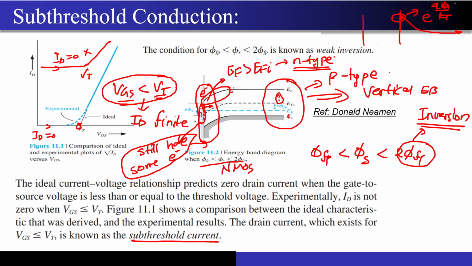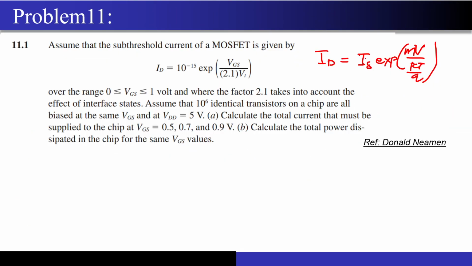The more voltage I apply in the forward bias manner, the more minority carriers I will get at the edge of the depletion region. So by using this analogy, you can say that for VGS less than VT, it is exponential. The moment you cross VGS greater than VT, this becomes a square law.